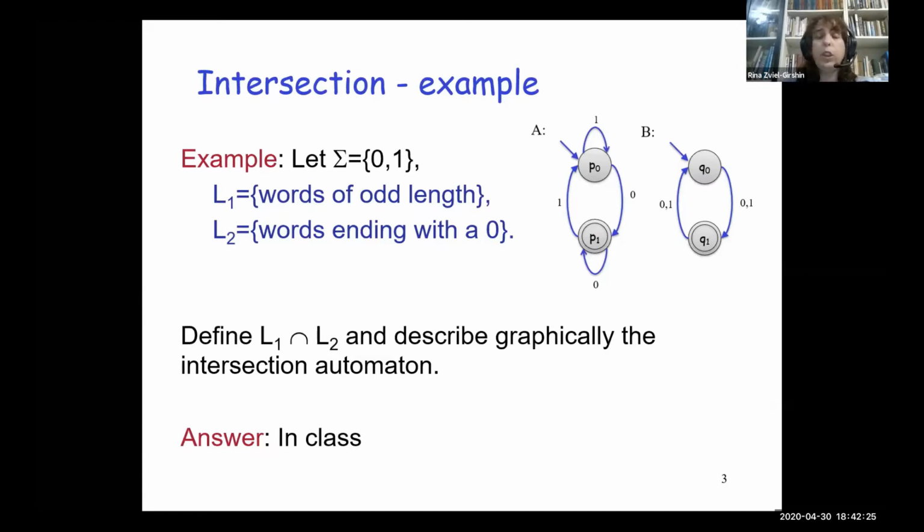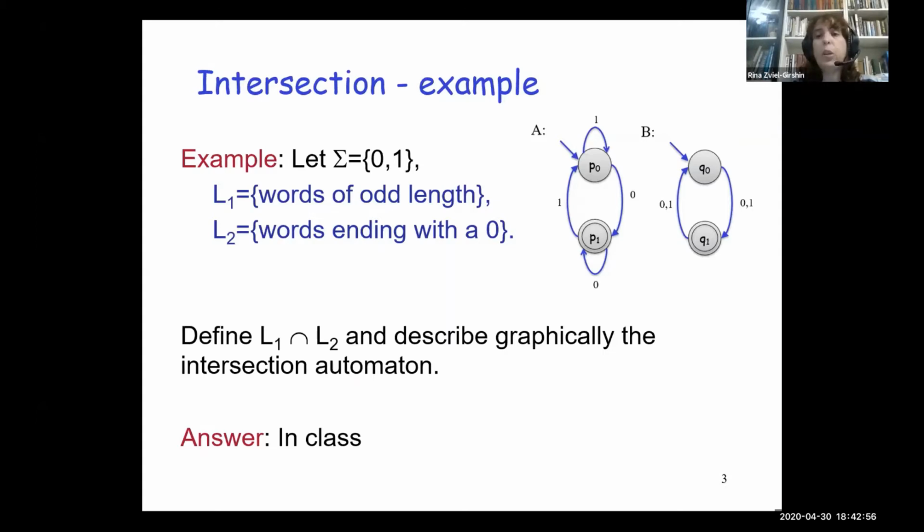So we have two languages: L1, words of odd length, and language L2 with automaton B, words ending with 0. So L2 is actually automaton A, L1 is actually automaton B. Now we need to define the automaton, which is the intersection of L1 with L2.